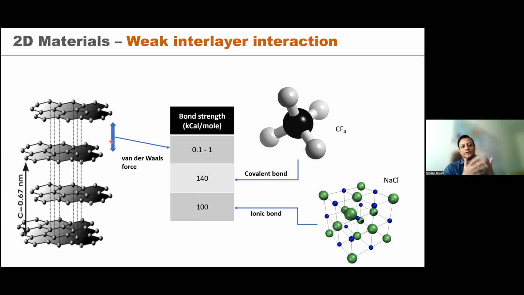This started with graphene. The typical interaction between two graphene layers is about 1,000 times weaker compared to a standard covalently bonded solid or ionic solids if you go away from the plane. And that is the reason why you can separate out individual layers and stabilize them on some substrates.